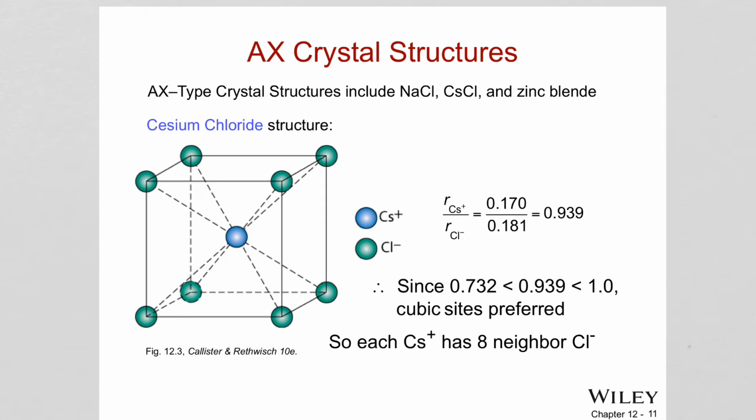And now we're going to take a look at cesium chloride. In this case, if we look at the ionic radii ratio of cation to anion, it is 0.9. It is less than 1, and therefore it has a cubic structure.